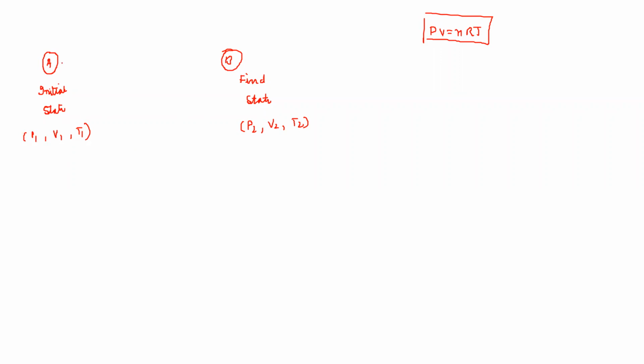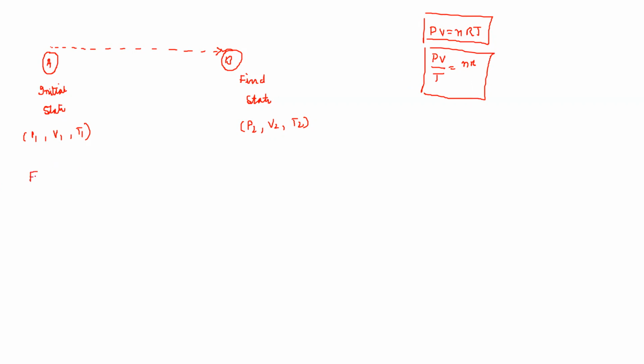So if I'm taking my system from the initial state to the final state, then you can see over here that PV upon T is basically nR. So PV by T is going to be constant as long as n is constant.